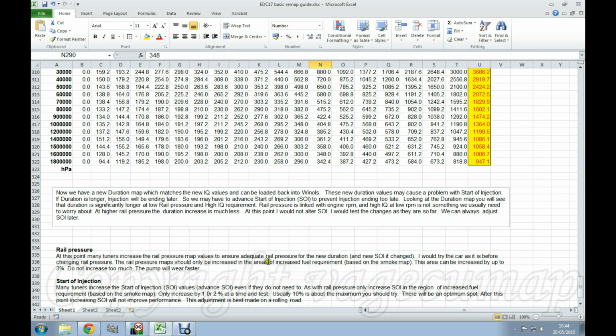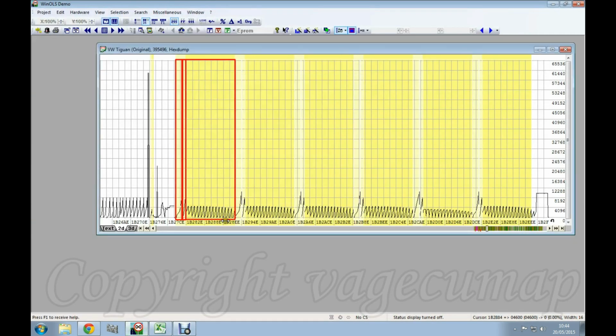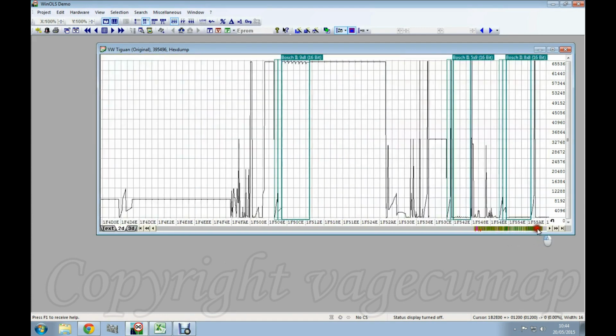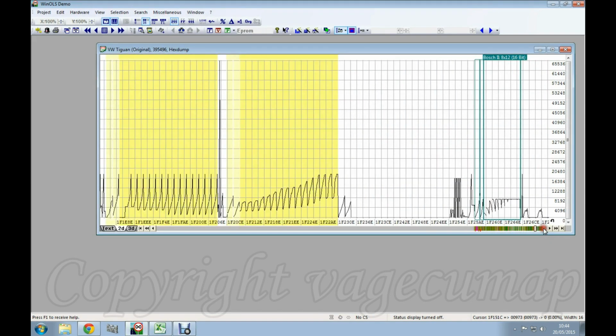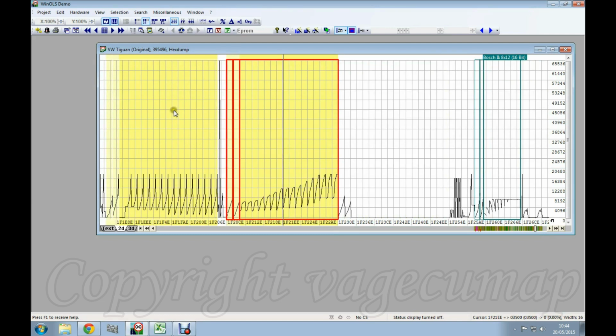I'm just reminding myself, because there is not much point in my going over rail pressure other than to show you the obvious, which is that if I go and look at rail pressure, if we search down here for rail pressure maps, that could well be the absolute total system maximum, more or less set by the manufacturer.